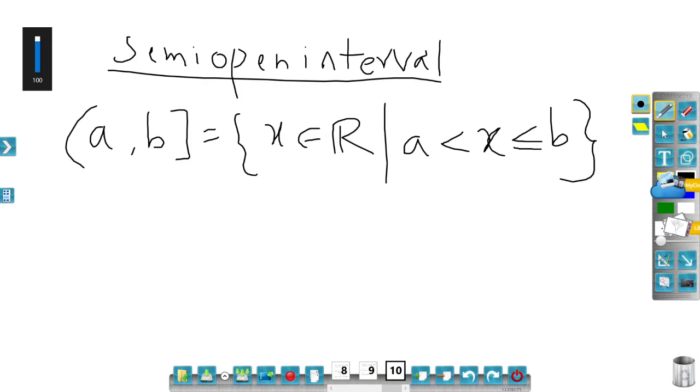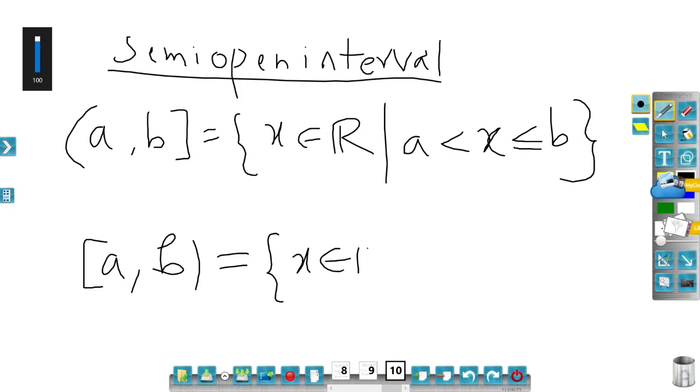Or there is one more definition of semi-open interval. So one may think of it as closed at a and open at b. So the definition of this interval is nothing but those x belonging to R such that x is greater than or equal to a and strictly less than b. Right.